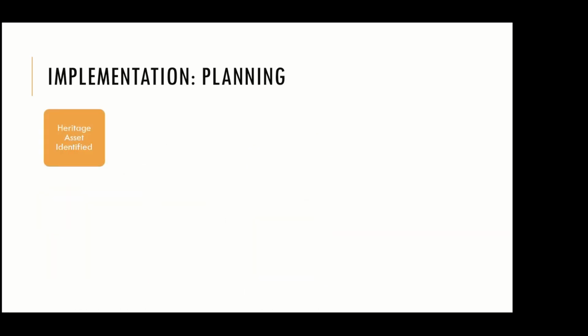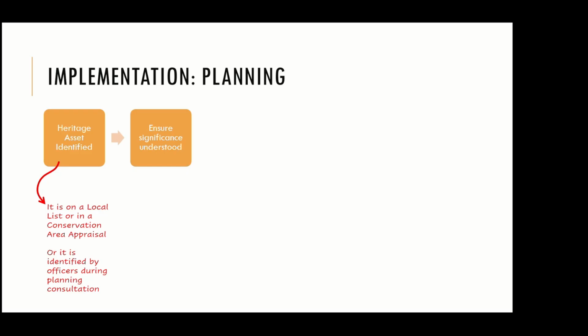In planning terms, this is how it moves through, and this is a very boring slide. I'll try to make it interesting by adding some little callouts. So we identify a heritage asset. It's been put through the local list, or it's in a conservation area appraisal, or it's been identified by someone in the council or by a consultee. We then ensure that significance is understood by doing the appropriate assessments.